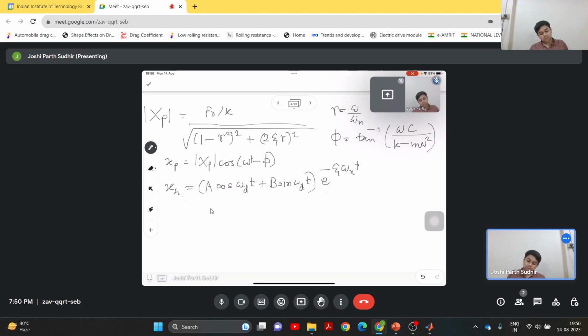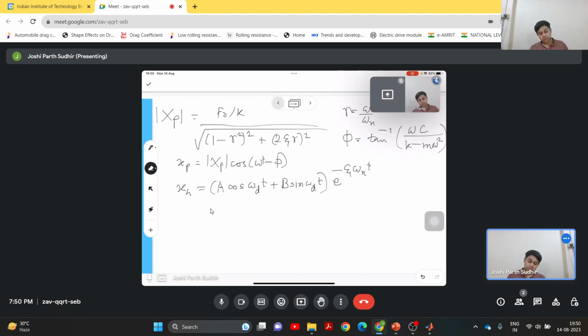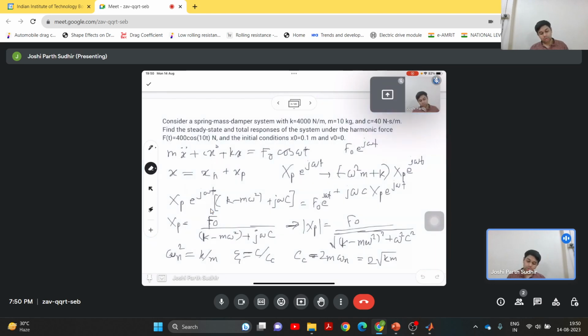So we can derive the unknown constants by substituting the initial conditions. Over here, the initial conditions are given that x naught is equal to 0.1 meter and the initial velocity is 0.